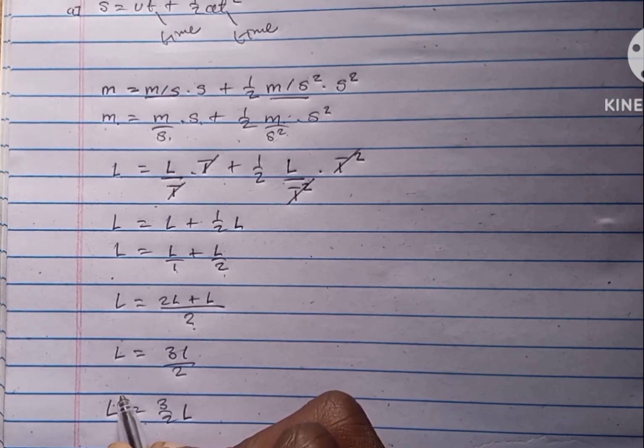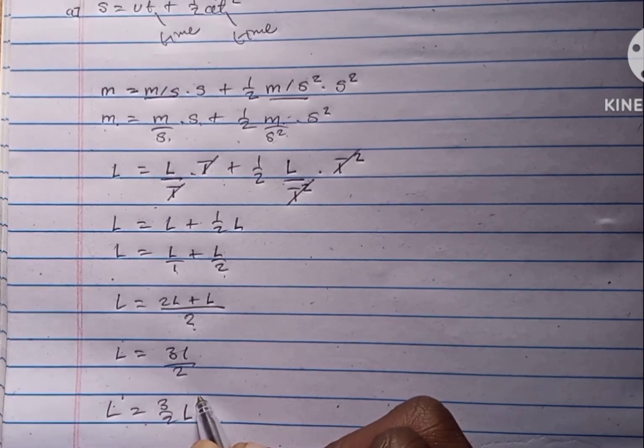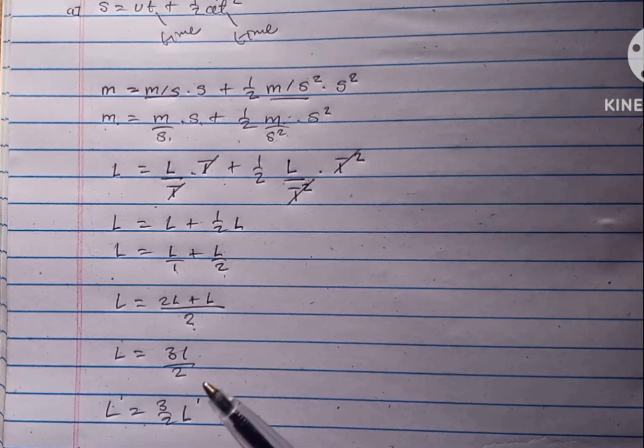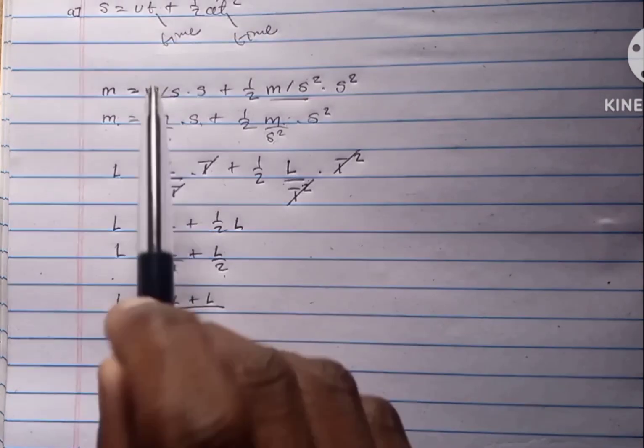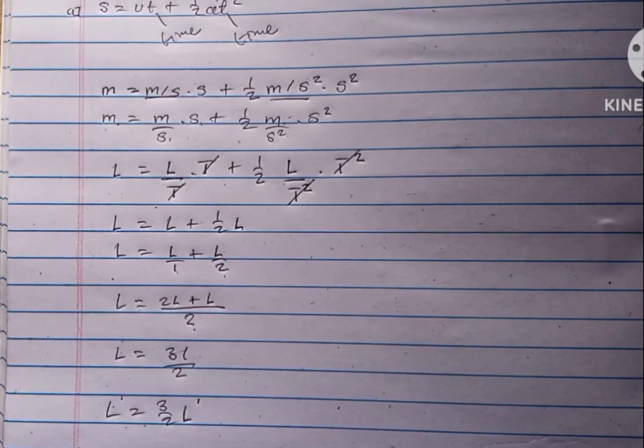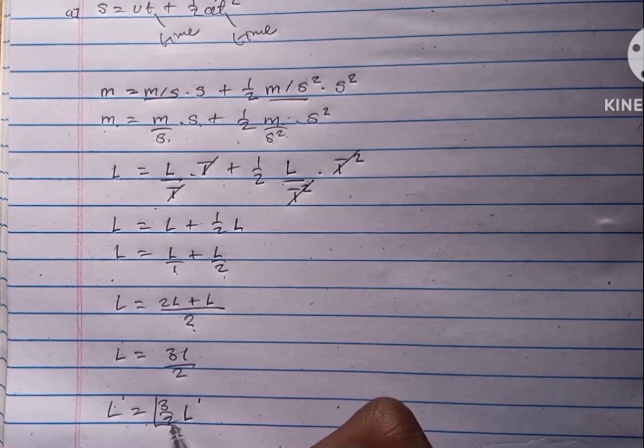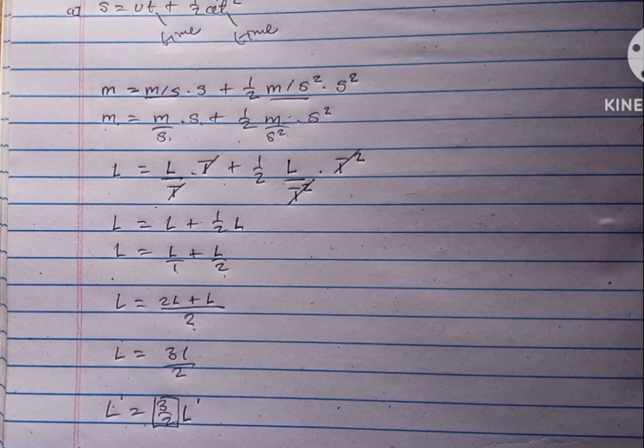And this L is raised to the power 1, and this L is also raised to the power 1. So this equation given is dimensionally correct. And this number here, 3 over 2, is just a constant number. It has nothing to do with an equation being dimensionally correct or not.